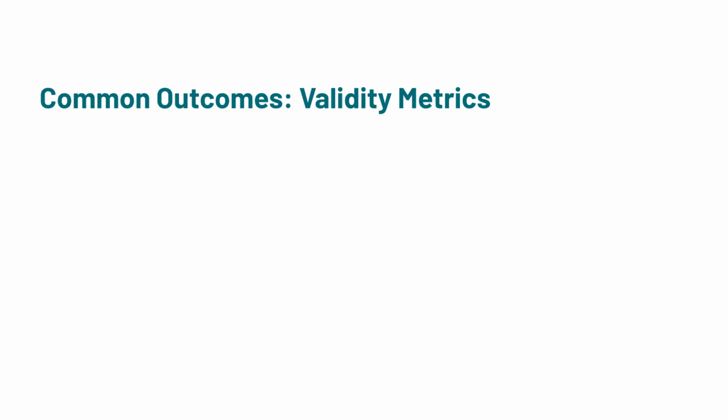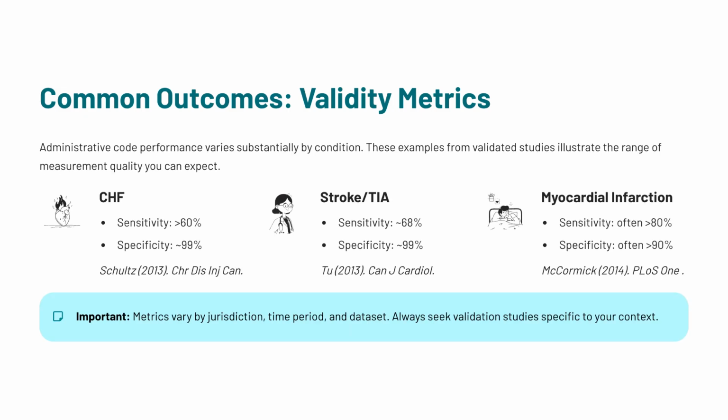At this point, you might be wondering, how accurate are common outcomes when we capture them using administrative data? The honest answer is, it depends on the condition and the context. Here are 3 cardiovascular examples. For congestive heart failure, stroke, and TIA, the sensitivity is often above 60%, with specificity around 99%.